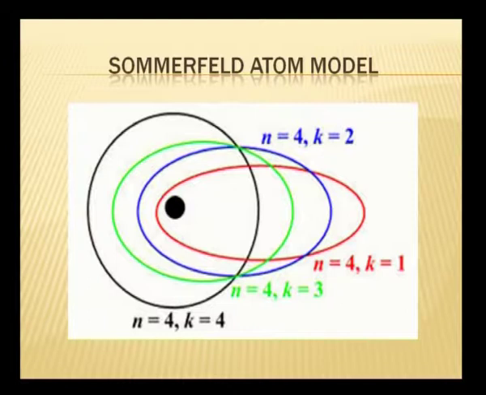Even though the relativistic ideas were introduced, still the model failed. Let me not go into the details. The relativistic atom model has 2 quantum numbers, n and k.